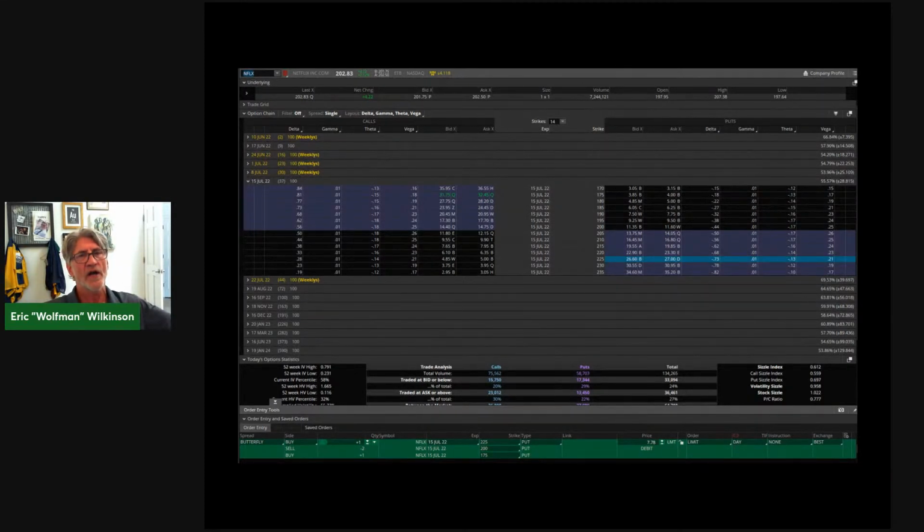That's when we want to collect a credit, take advantage of that volatility coming out and the theta decay that we see getting ready to ramp up for us. So all of those things are going to affect these at the money options that I want to decay. You can see the theta, the vega, all of that stuff is going to impact those ones at the money more so than the ones that are out of the money where I bought them. So am I being a good steward of my capital?